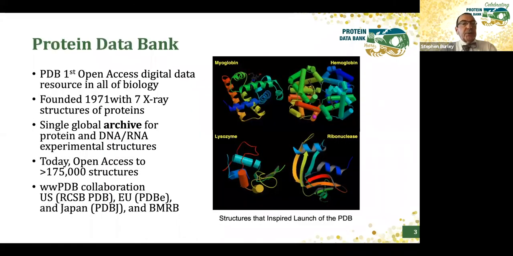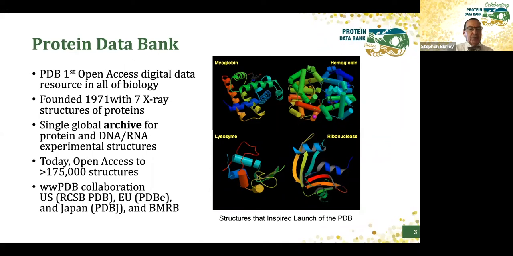So the Protein Data Bank was established in 1971 as the first open access digital data resource in all of biology. At that time, there were just 7 proteins. It's grown enormously, and now there are more than 175,000 structures of proteins, DNA and RNA and their complexes with one another and with drugs, etc. It is the single global archive for experimental structure data.